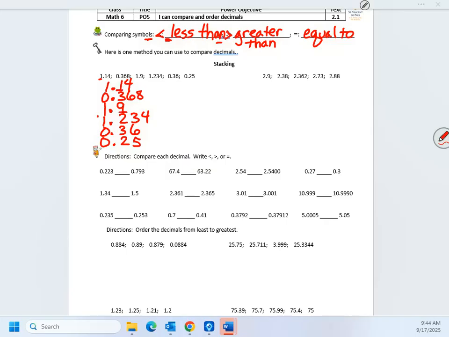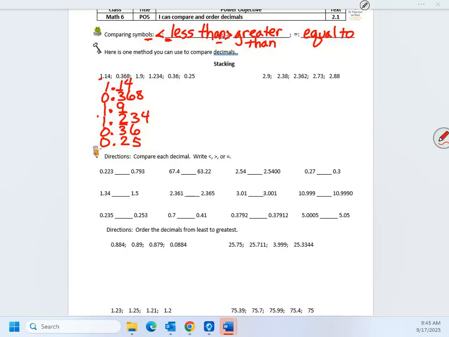I see a 1, a 9, and a 2. What's going to be my greatest number? Michael? The 9. So I know 1.9 is my biggest number.